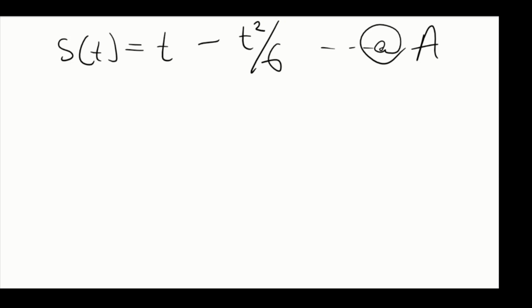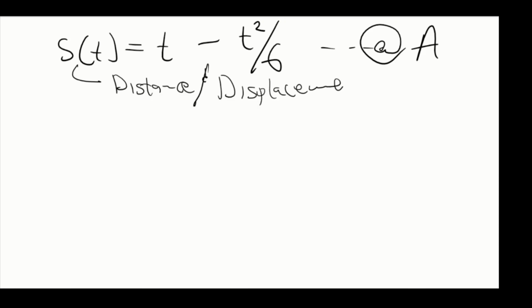So this s(t) is the distance, or you can call it the displacement. To find the speed, you have to derive. When you derive the distance, you get the speed or the velocity.